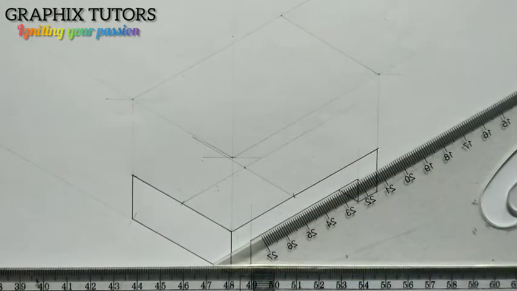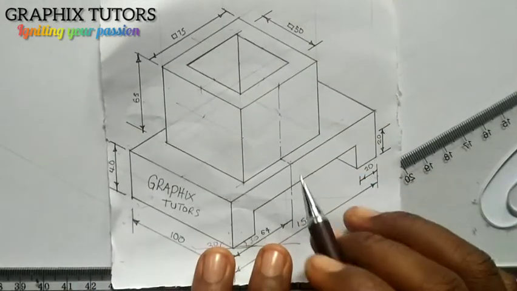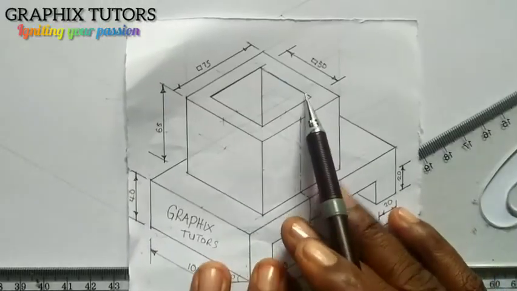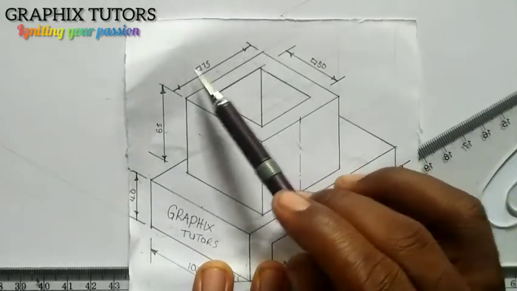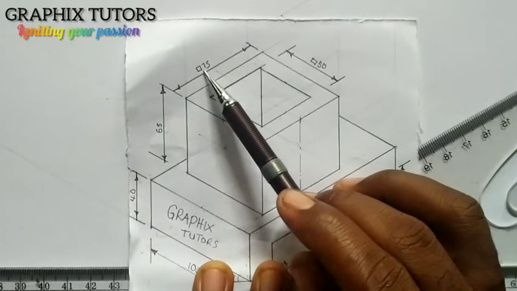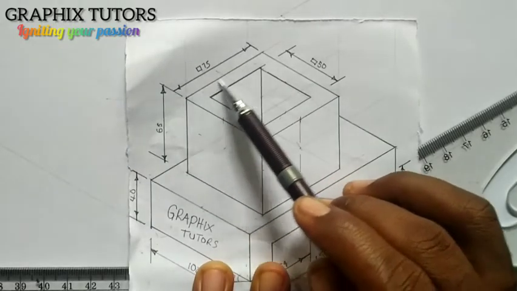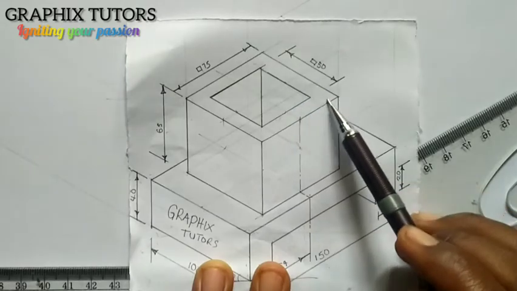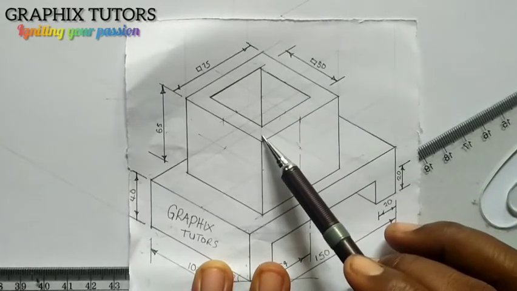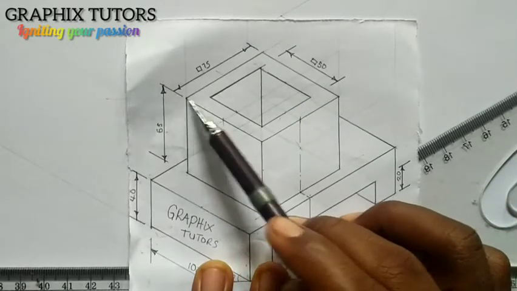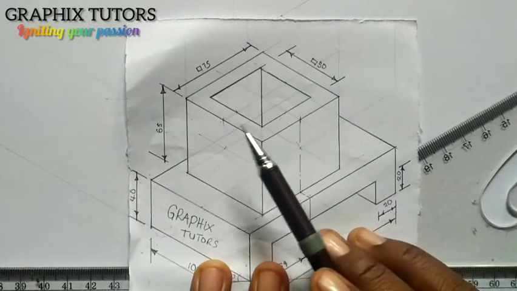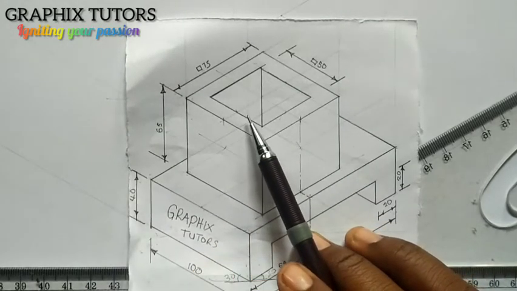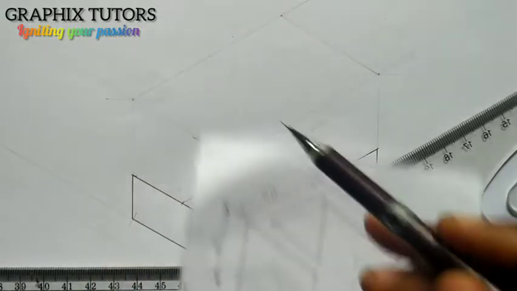So if you look at this, how will I start? If you look at this top here, from here to here is 75. And you see a square in front of it, it means that here to here 75, here to here 75, here to here 75, here to here 75. So every side is 75. I need to get that 75, so I'll take half of 75, which is 37.5, and I'll place it at the center and mark it round.